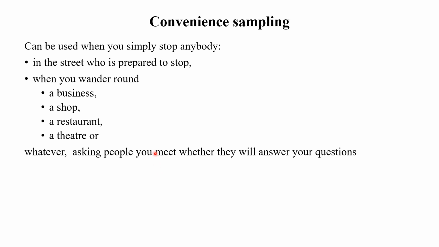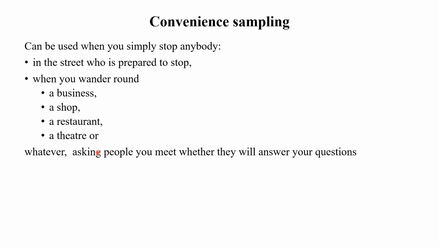Convenience sampling can be used when you simply stop anybody, right? No choice. Let's say you go to the cafeteria, with students sitting there, not having food, chatting with friends. You go there and say, okay, I want to study, right? At convenience. You can do it in the street, with whoever is prepared to stop, when you wander around a business center, shop, restaurant, theater, anywhere, right?